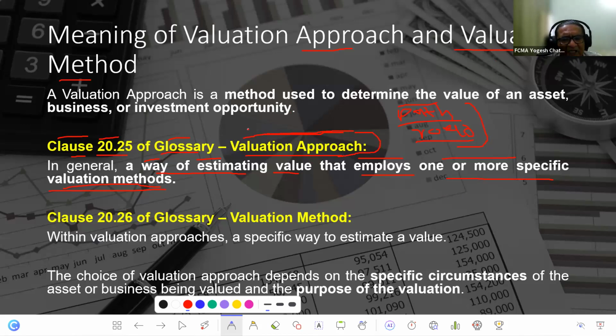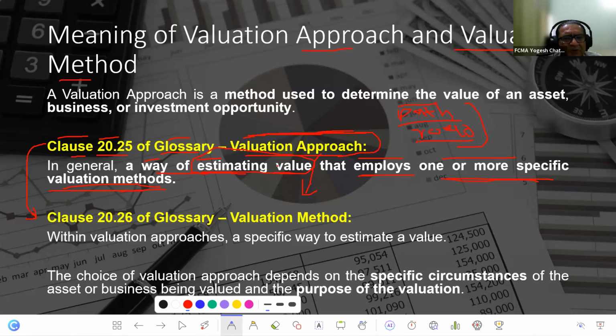Same is the case with valuation: we have the valuation approach at the upper level, and in that we have the valuation method. The purpose of a valuation approach is to estimate the value, with the aid of one or more specific valuation methods. So what is the meaning of valuation method?